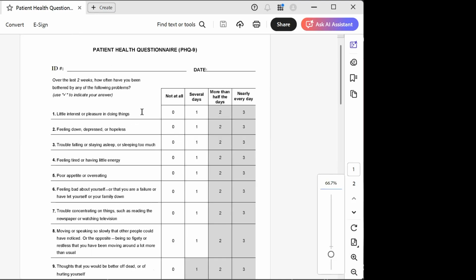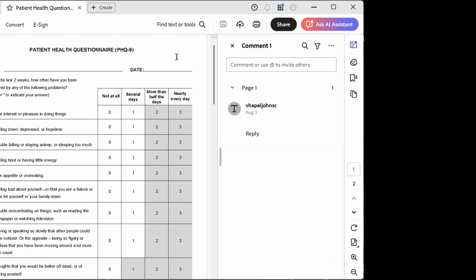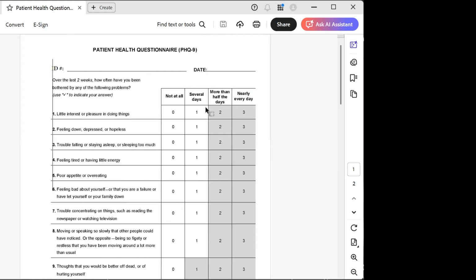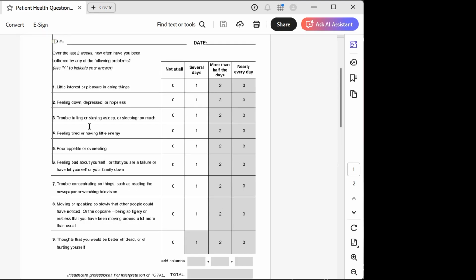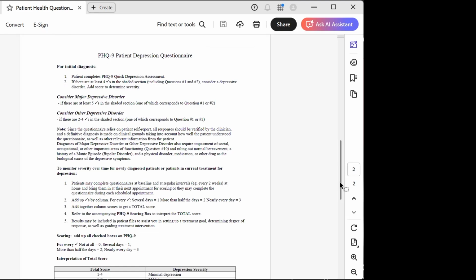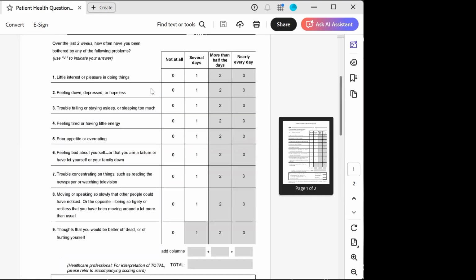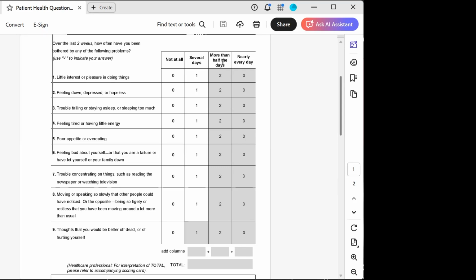So this is how we follow up a case of suspected depression or mental health challenge. The patient is asked, in the past 2 weeks, how have you been? Not at all, several days, half the days, and nearly every day.